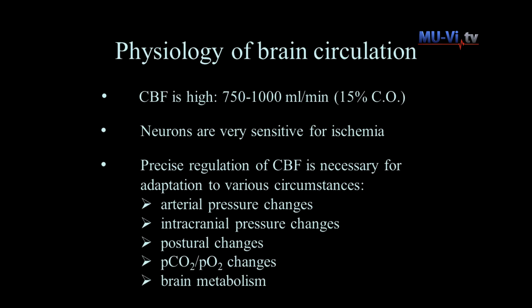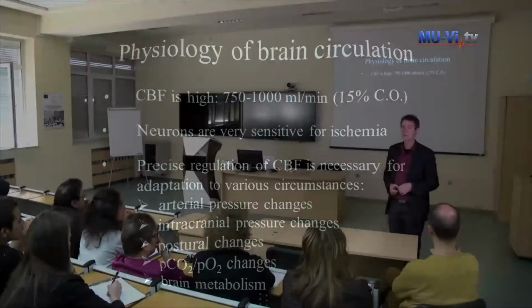The cerebral blood flow is extremely high. It's 750 to 1000 milliliters a minute, which means it's 15 to 20% of the cardiac output. If you say our cardiac output is 5 liters per minute, you see 15 to 20% is going to the brain.